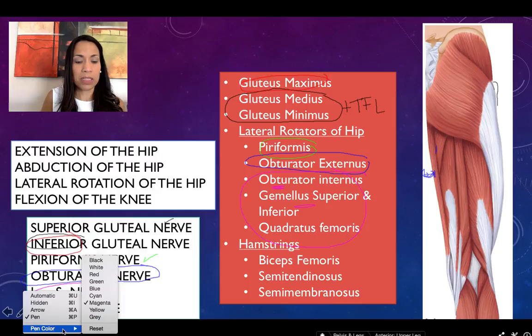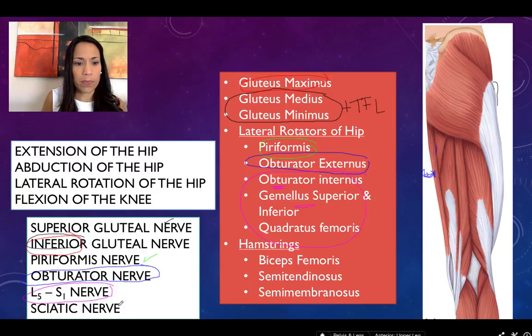And last but not least, let's describe, I'm gonna get blue again, I'm sorry. The sciatic nerve, remember that it branches into the tibial nerve and the common fibular nerve.